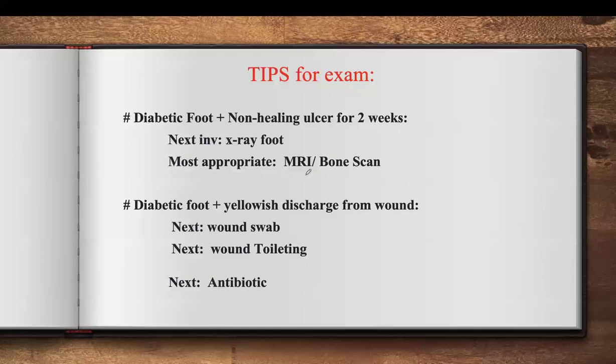The next thing is a quick tip. If you get a diabetic foot and they give you a patient with a non-healing ulcer for 2 weeks, what is our main worry? What do you think? Why are we concerned about a diabetic foot? Is there anything that we are concerned about when a diabetic foot doesn't heal?